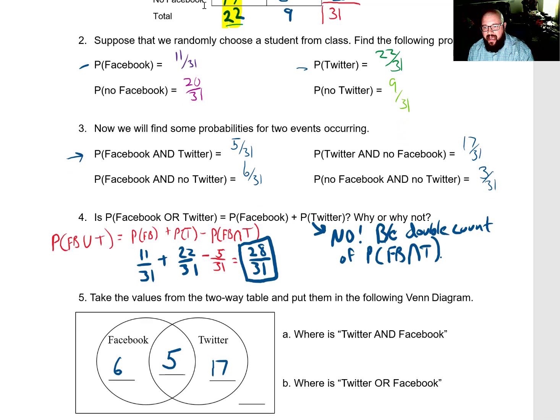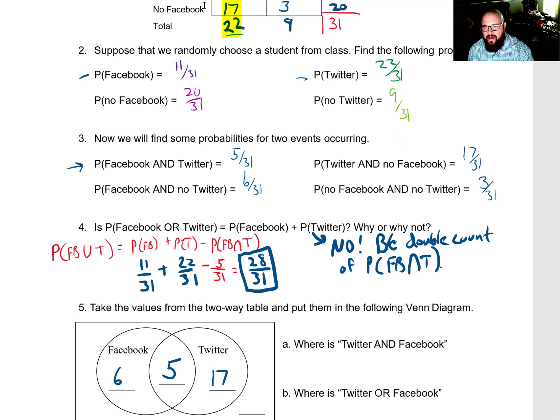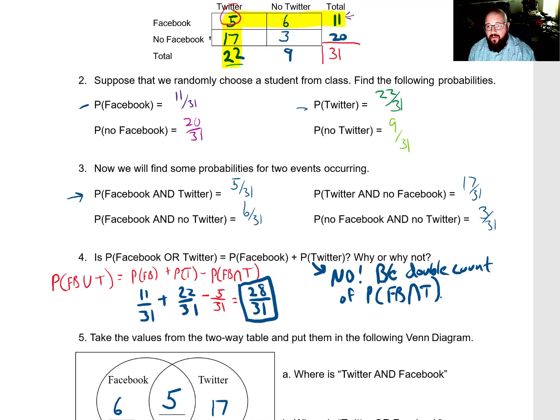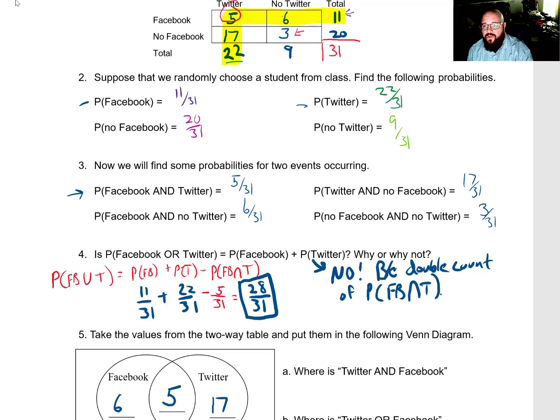Now, the last number we worry about is what value is outside of the Venn diagram. In other words, what values, in this case, did not do Facebook and not do Twitter? Well, in our little two-way table up there, we see that value is the number 3. That number 3 is our value that did neither Facebook nor Twitter.